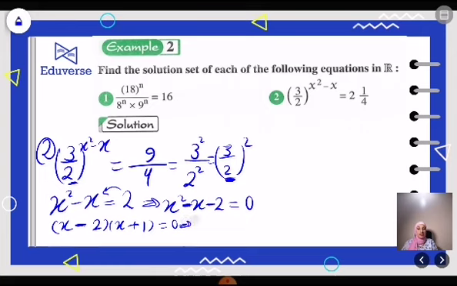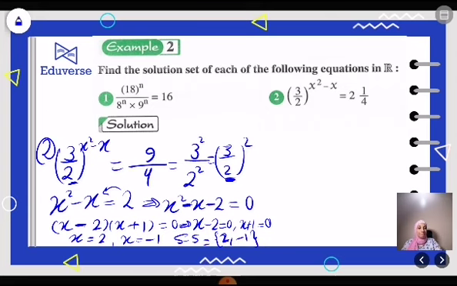From here we will say that x minus 2 equals 0, or x plus 1 equals 0. Using this, x equals 2 or x equals negative 1. Finally, we have to put the solution set now. Then we have to write it as 2 and negative 1.